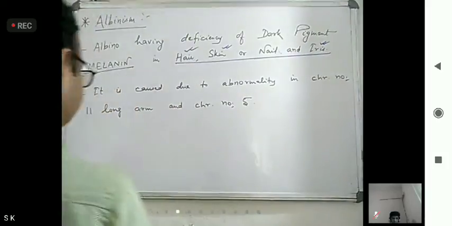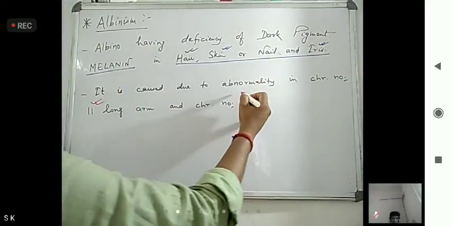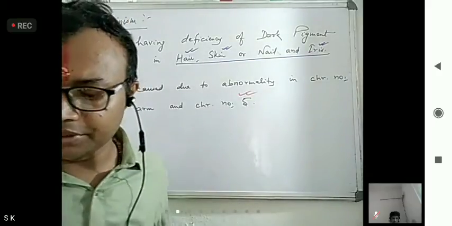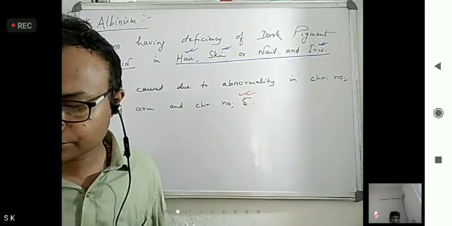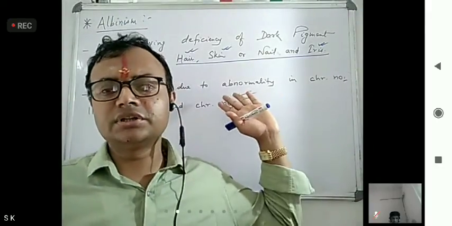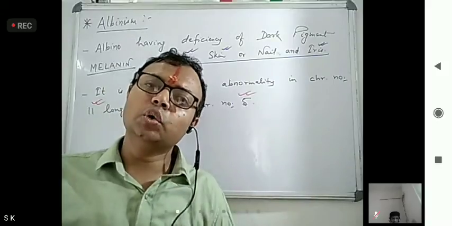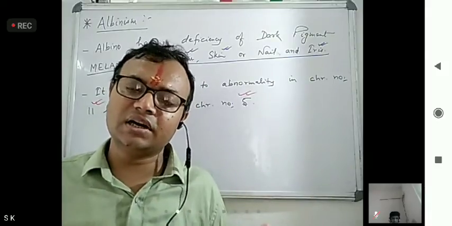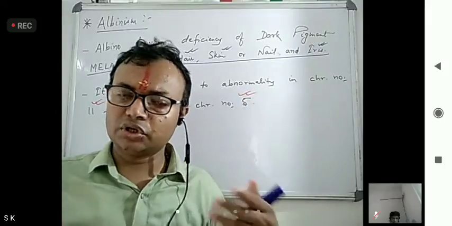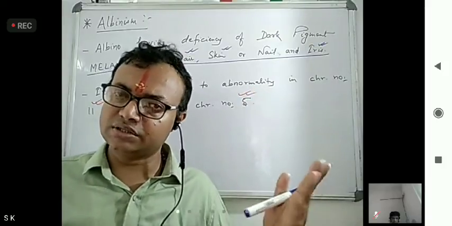Okay, so two chromosomes combined cause this problem, which is known as albinism. Now, what is the symptom? Already we saw: no color present, so they have colorless skin, colorless hair, and colorless iris.